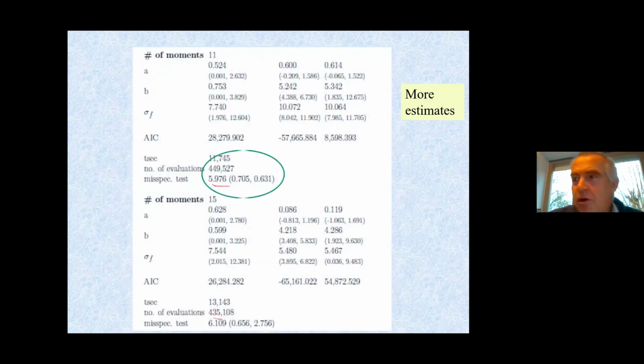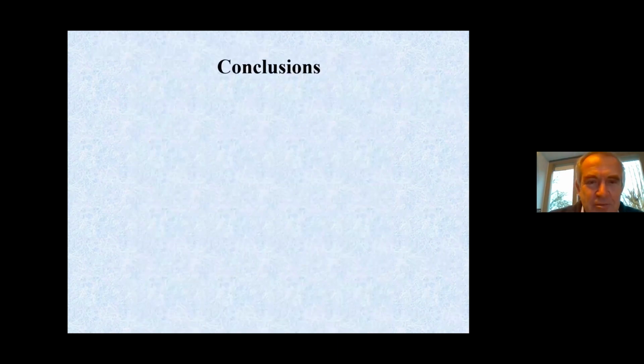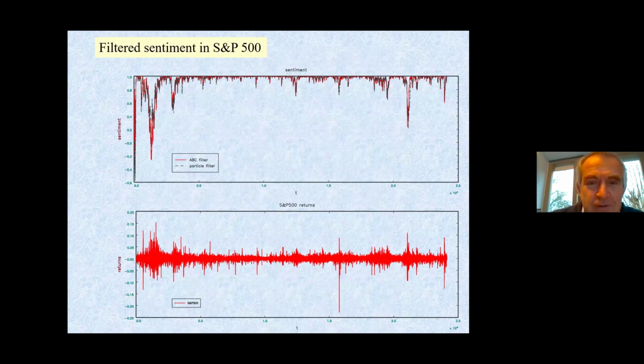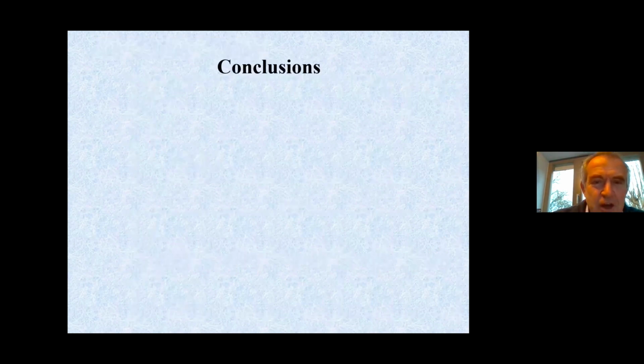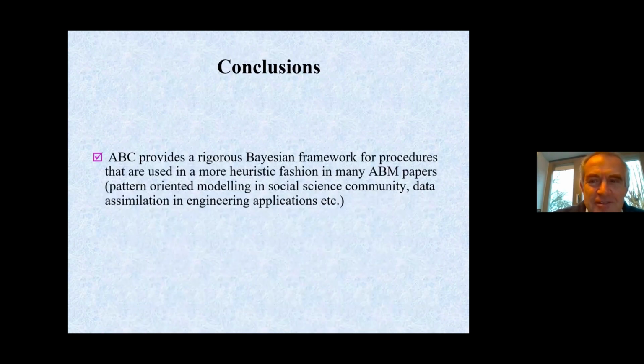If you have a small set of moments, it seems to fit well. If you take a larger set of moments, you see its deficiencies. So I think I have almost exhausted my time. Here you see how it fits the S&P 500 in terms of the sentiment index that you filter out. But I should not spend too much time on that, but come to the conclusions.